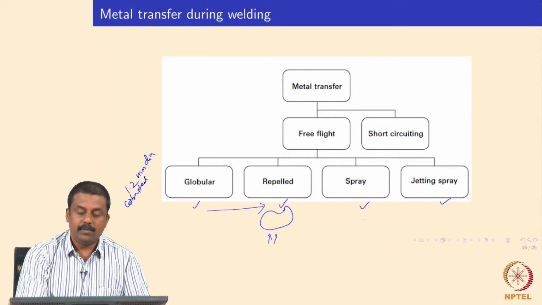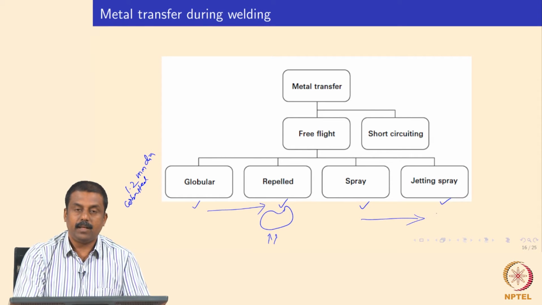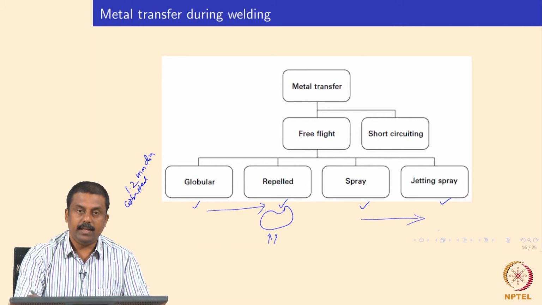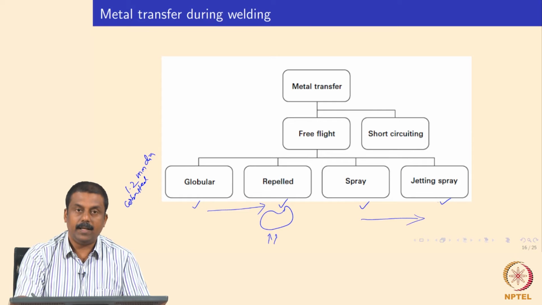productivity. So if you increase the current even further, obviously you also increase the melting rate of the electrode, and you will end up melting more, and then you would also reduce the droplet diameter significantly.